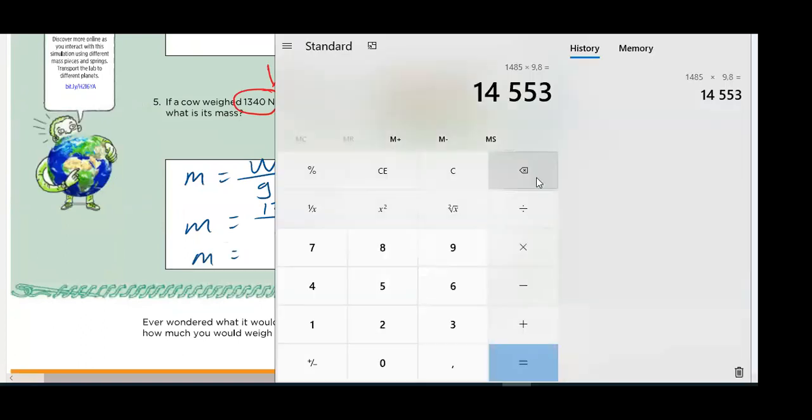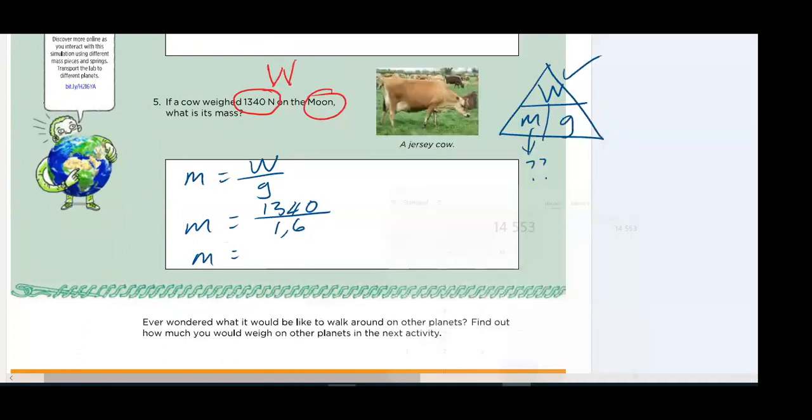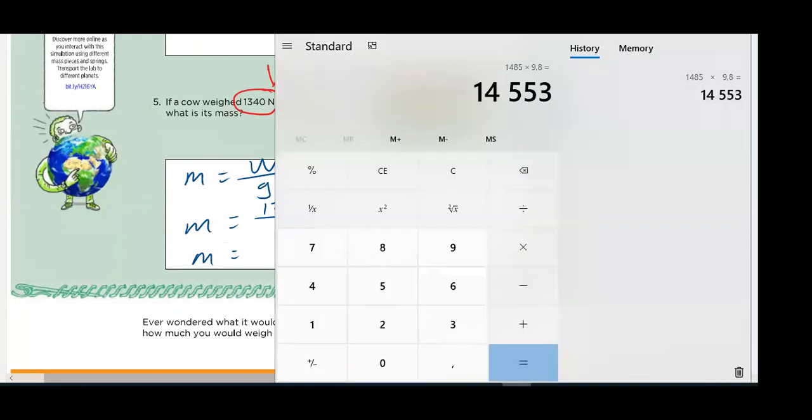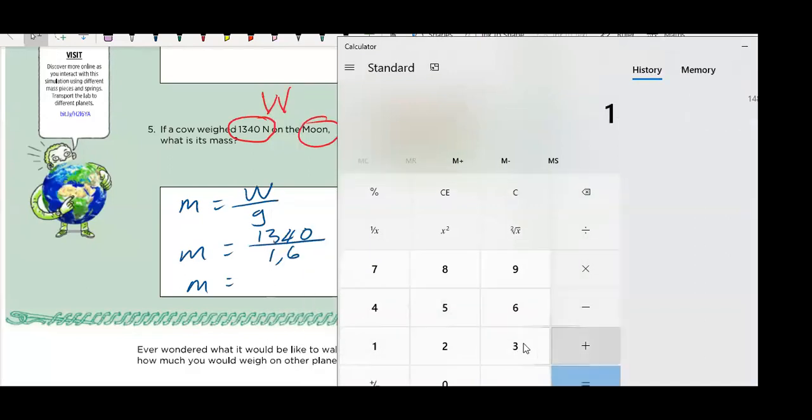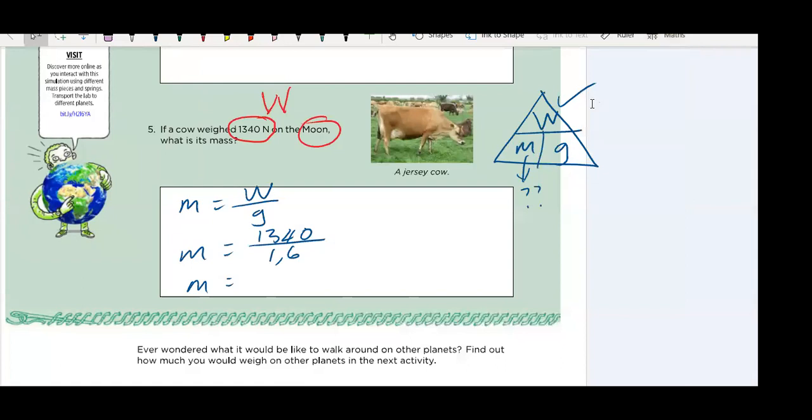For that, I need my calculator. I just need to move this up so that I can get my calculator to see. So this was 1,340, and I'm dividing that by 1.6 equals, and we get an answer of 837.5.